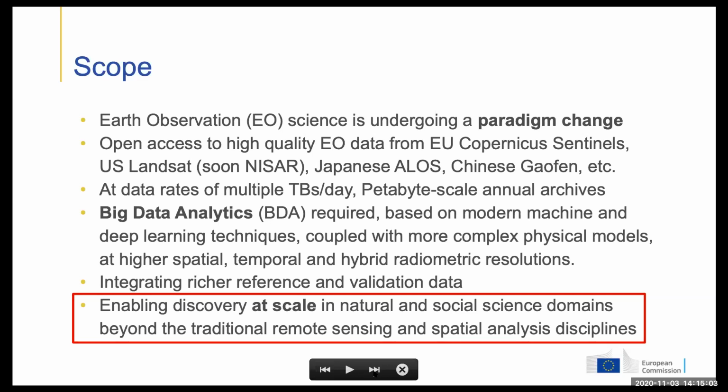And for the research community, this is of course a huge challenge to be able to work with all this information. And for that, we generally capture this under big data analytics. And it's basically the combination of having access to this data and then applying the best possible processing techniques, especially now also with machine learning, deep learning, but not forgetting that all this data comes from sensors that have a physical explanation.